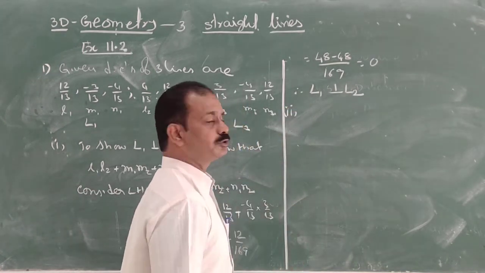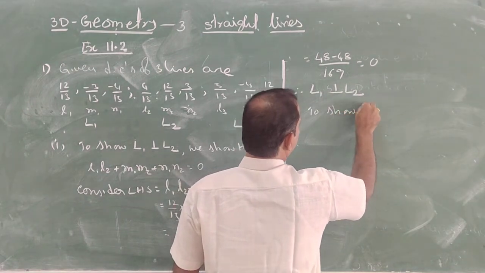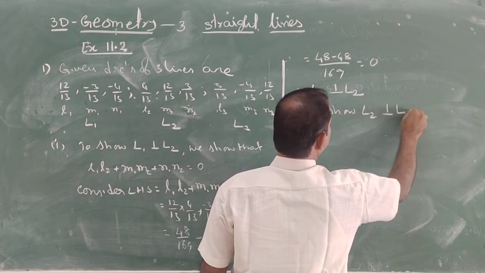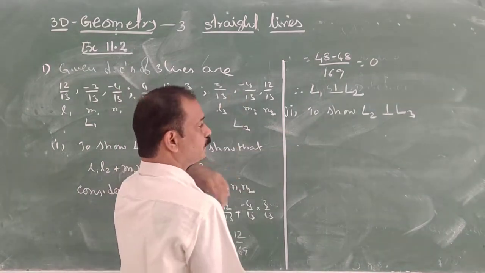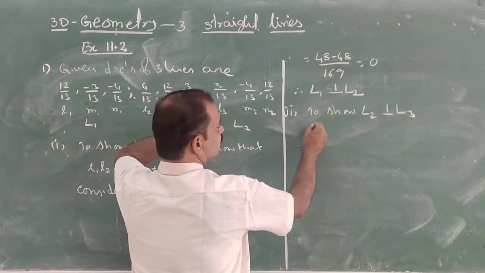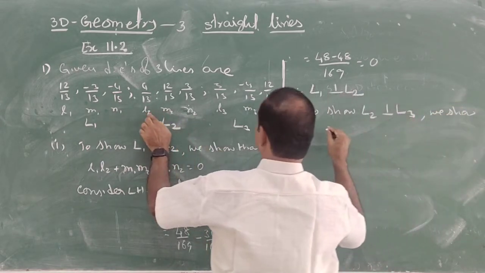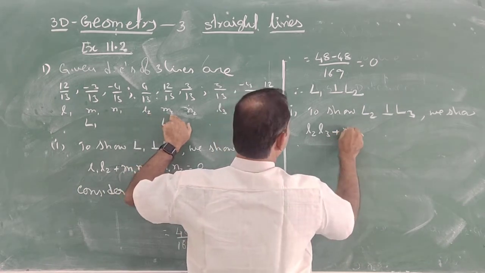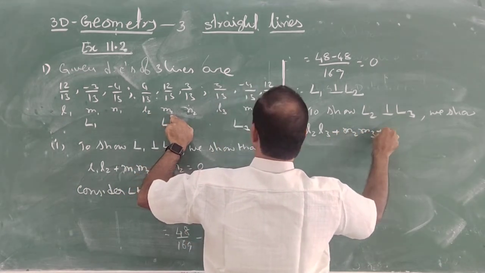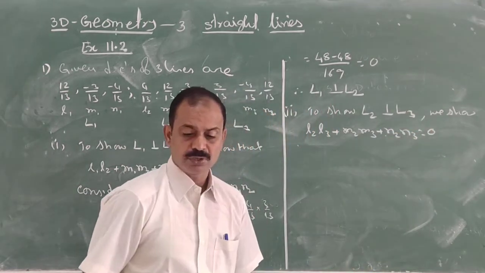Second one, to show line 2 is perpendicular to line 3. What do you have to show? We show l2 l3 plus m2 m3 plus n2 n3 is equal to 0.